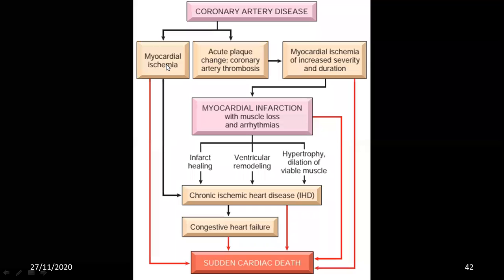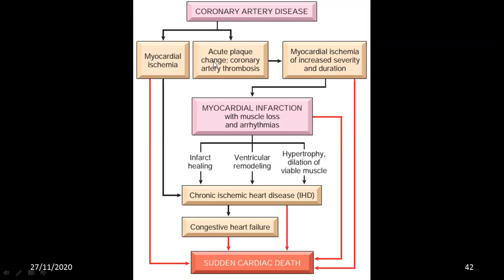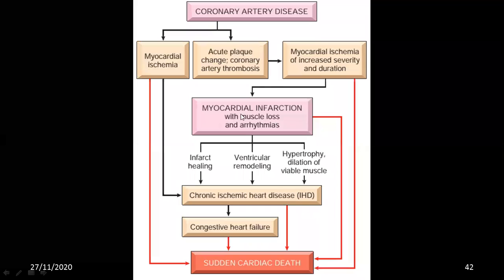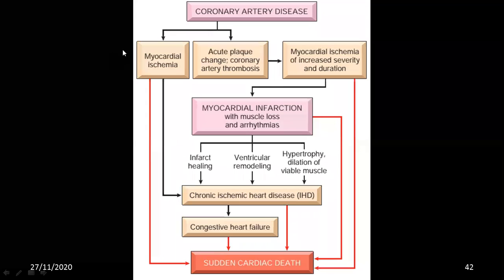It can directly cause myocardial ischemia, or acute plaque change can happen, and this can lead to myocardial ischemia directly or through acute plaque change. This may cause myocardial infarction and arrhythmias, and the story can end there. The person can suddenly die from myocardial ischemia.